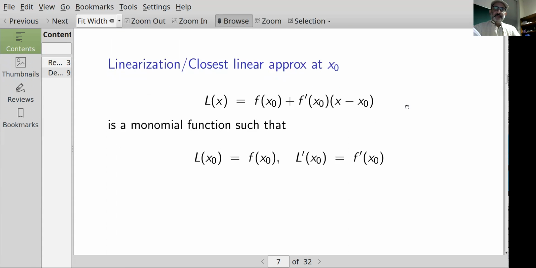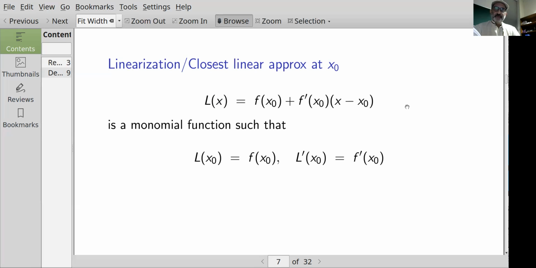And we also said that if you had a function f and you wanted to take its derivative, if you could find its derivative at x naught and its value at x naught, then you could get the linearization of f as L of x is equal to f of x naught plus f prime at x naught times x minus x naught.